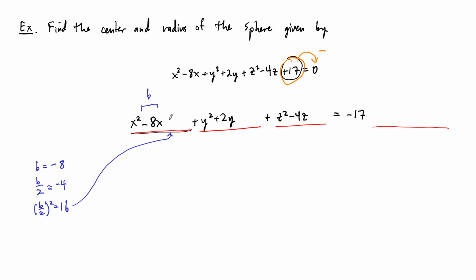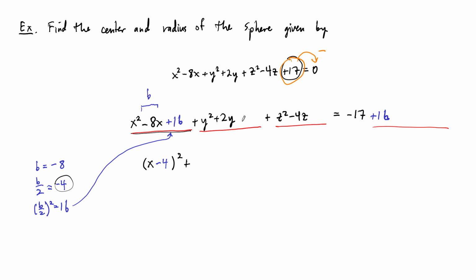So we need a plus 16 for this to be a perfect square. But if I'm adding 16 to this side, I'm going to have to also add it to this side. So I add it to both sides. And then the whole point is that this now factors as a perfect square: x plus negative 4, or (x minus 4) quantity squared.